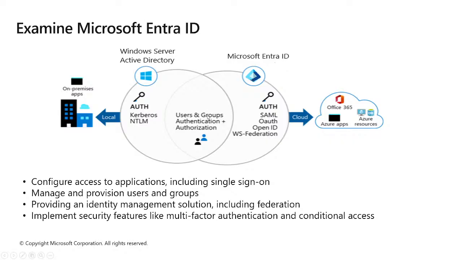Now we've got users and groups, we've got authorization and authentication. And what are some of the protocols? Those are what we're going to be looking at. What are the protocols that we use in authenticating, or in authorization also?